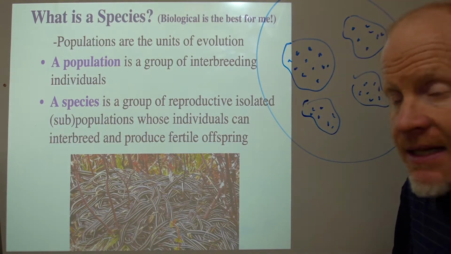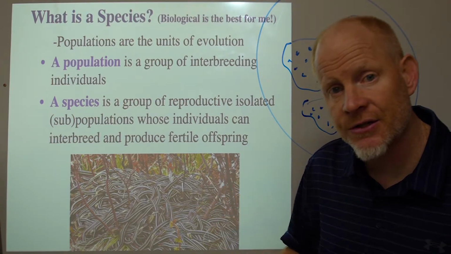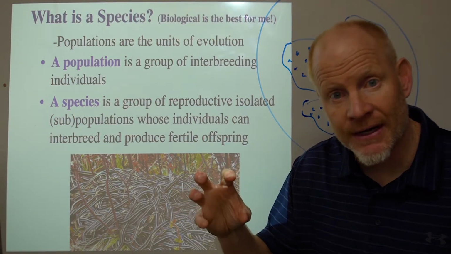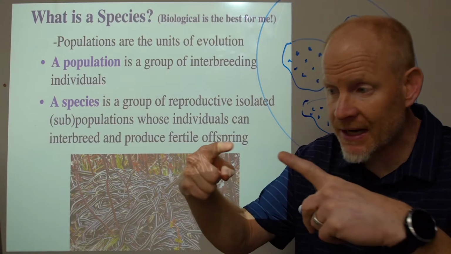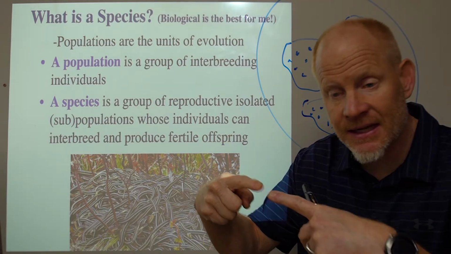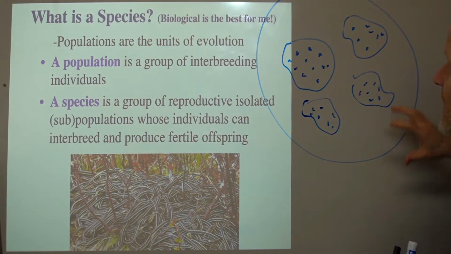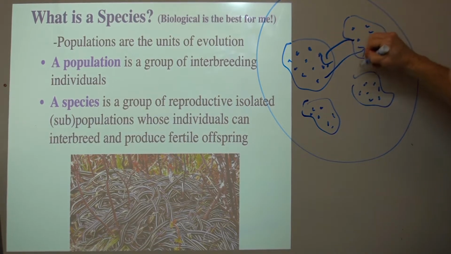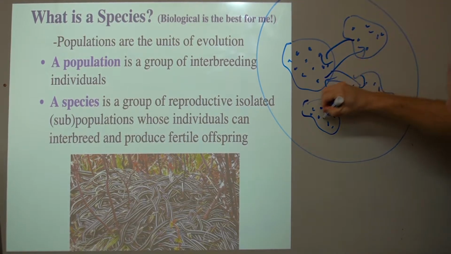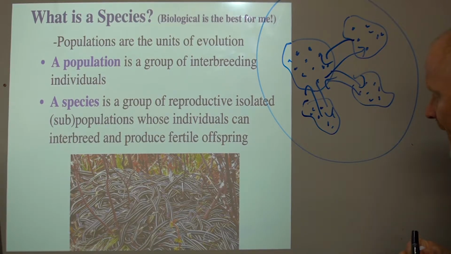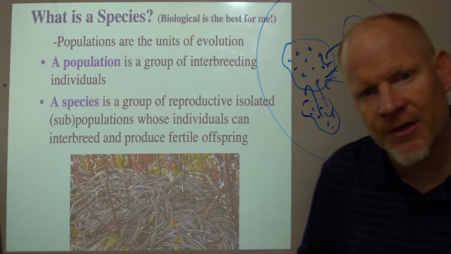A biological species, as you'll see in a slide or two, is a species that can interbreed. If two individuals come together and can't interbreed, then they're not the same species. If they can come together and interbreed, then they are the same species. So a species is a group of reproductively isolated populations. Individuals can move around in many cases, and that's called migration, and they can move from population to population.